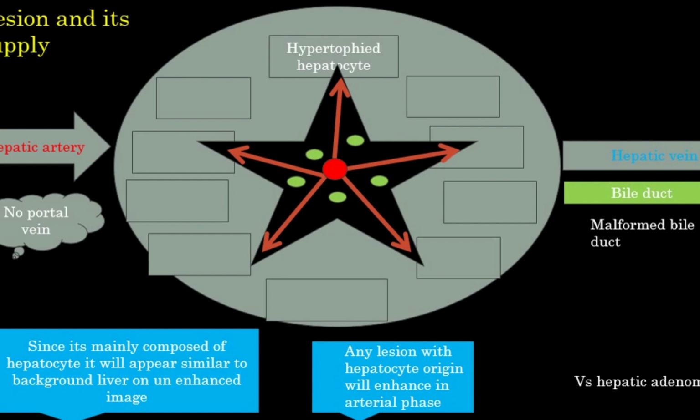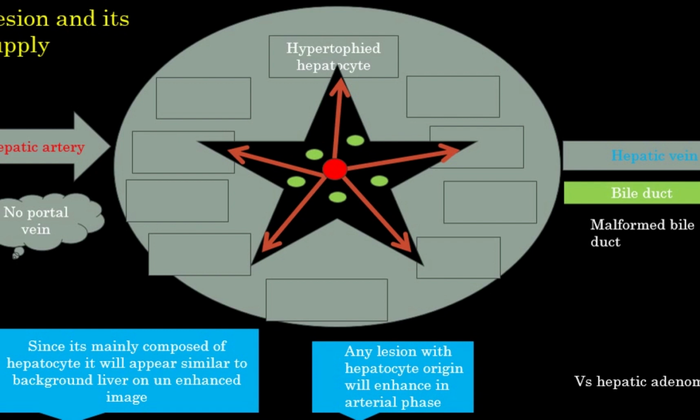And also, the supply of this lesion is from the hepatic artery. It doesn't have a portal vein, and it is drained by the hepatic vein and malformed bile duct. Since the bile ducts are abnormal, there will be slower biliary excretion.